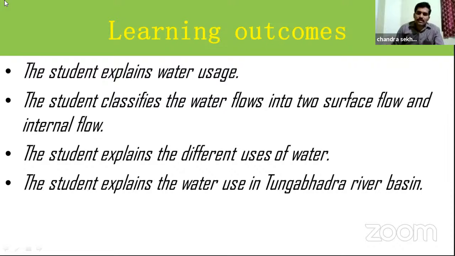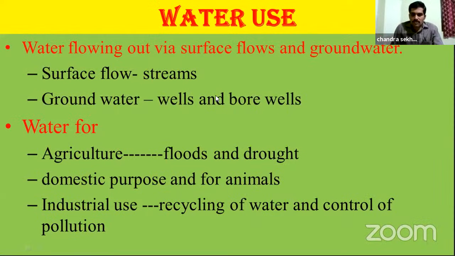So children, listen carefully. I will try to explain all the important points from our class. Water use. Children, I want to ask a small question. Why do we need water? In our day-to-day life, without water we can't live. While using water, from where are we getting it?